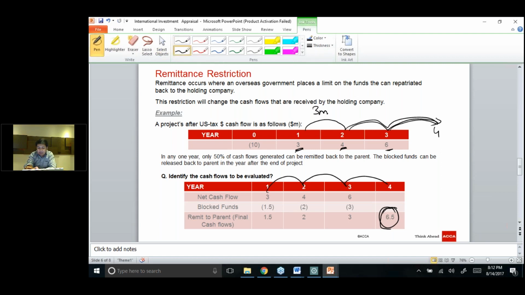You will reinvest 3 million at 5% for 3 years, and it will be equal to 3.48 million, and year 2 will be reinvested at 5% for 2 years, and it will be equal to 4.41.